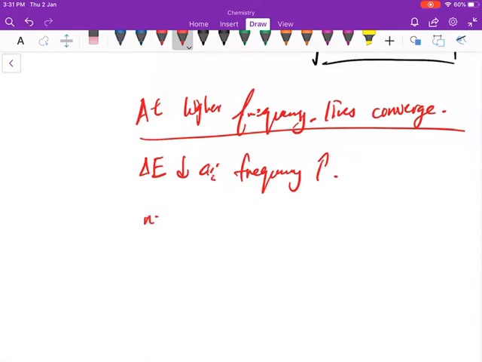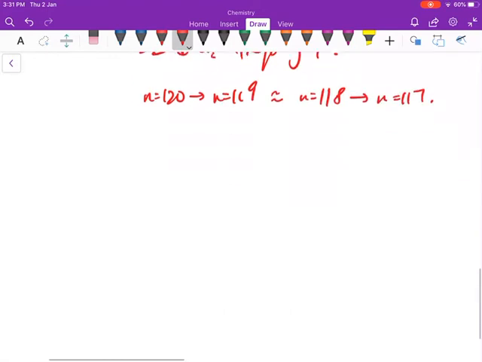What I mean by that is, let's say you're in n equals 120 and you go down to n equals 119. This value is similar to n equals 118 down to n equals 117. But when you compare this value with n equals 2 down to n equals 1, there's a huge gap, man. There's a huge gap.